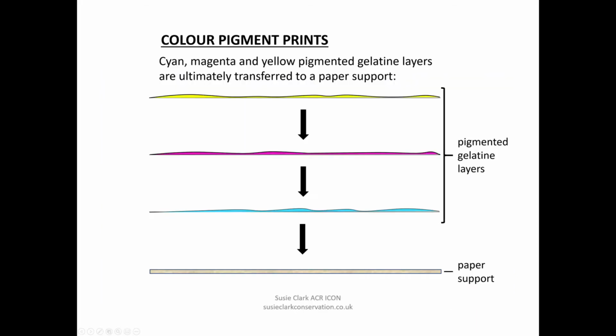Now, as far as other multicolour print processes are concerned, one of the first was the colour pigment print, and I'm afraid I don't have an image for that. But the process latterly involved superimposing cyan, magenta and yellow pigmented gelatin relief layers on top of each other onto a paper support, and it was a highly skilled job.